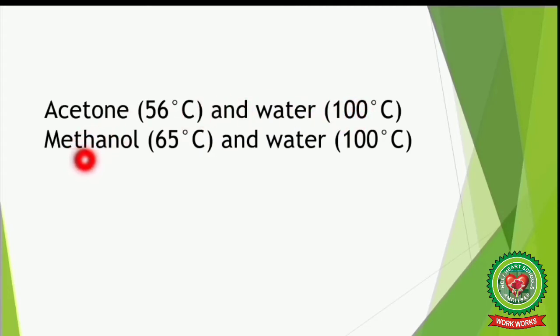Similarly, we can separate a mixture of methanol, which is an alcohol, and water. Its boiling point is 65 degrees Celsius and water has a boiling point of 100 degrees Celsius, so the difference is more than 30 degrees Celsius. So distillation can be used to separate a mixture of methanol and water.